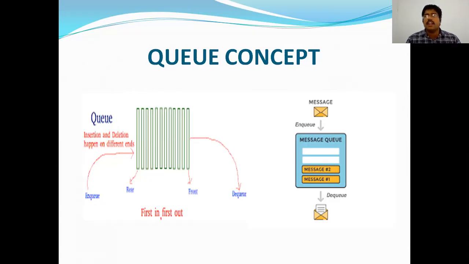The requests from all the persons will be in a queue line, and the manager will accept them one by one after checking whether they are genuine. That is the concept of a queue.